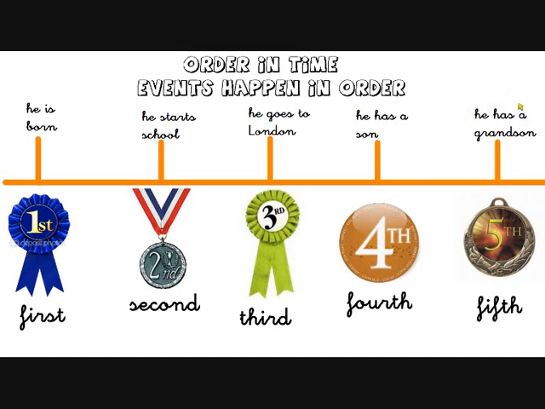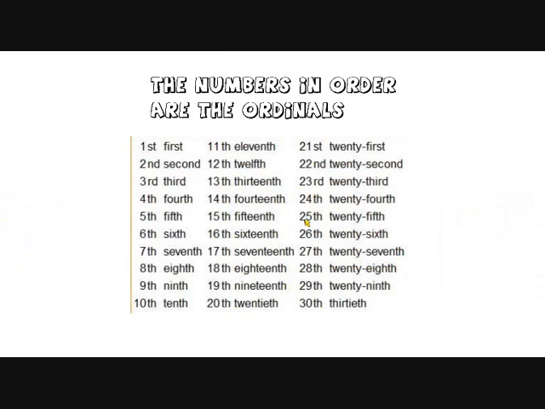Okay, we don't say the number 5 event of his timeline. No. We say the fifth event of this timeline is when he had a grandson. Excellent. Well, we need to remember all these numbers, I'm afraid.